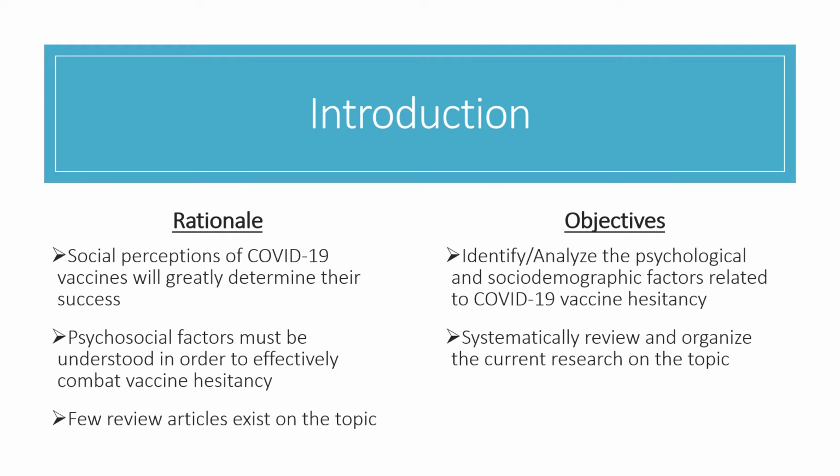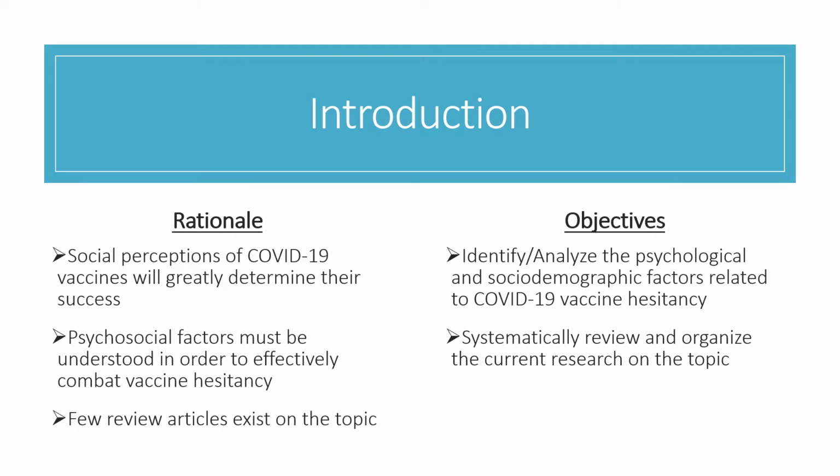For the introduction, I wanted to state both my rationale and my objectives. For the rationale, a vaccine for any disease is only effective if it is accepted, and so it is important that we understand the factors relating to that acceptance.